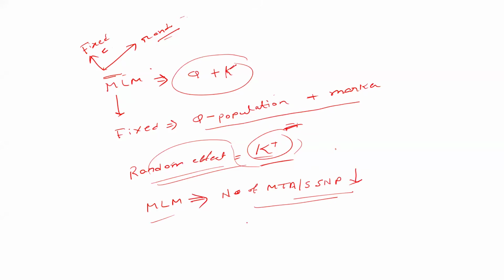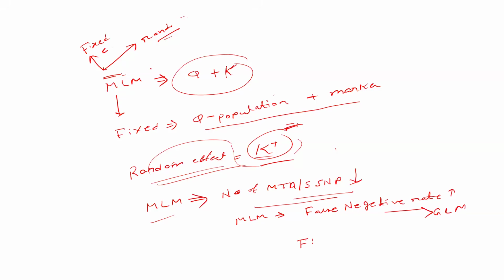And here the most important term is coming. In MLM, the false negative rate is very high as compared to GLM.